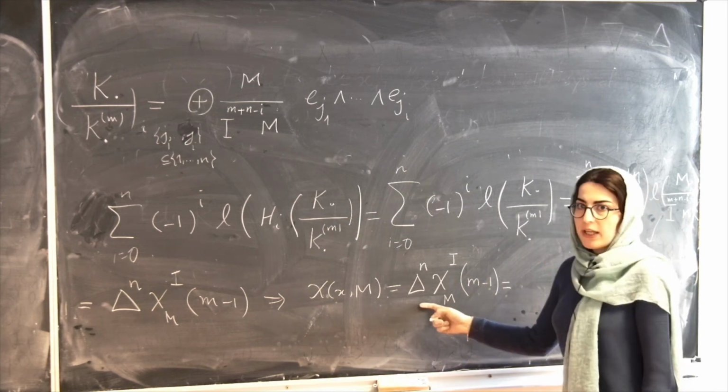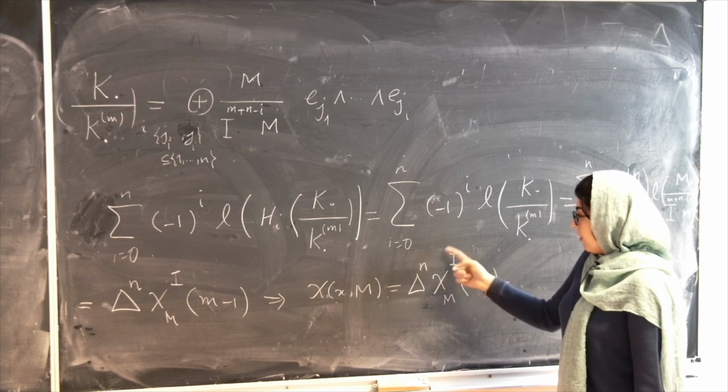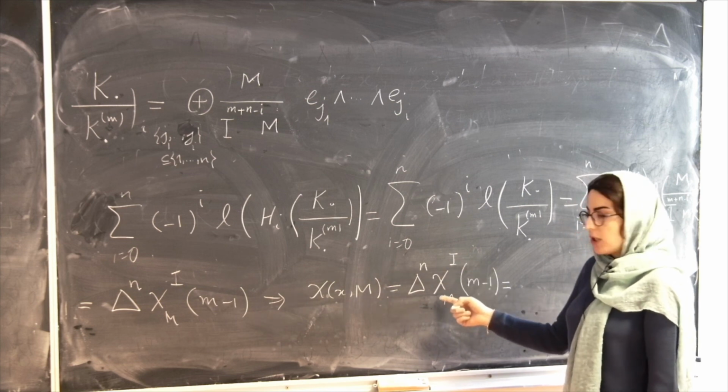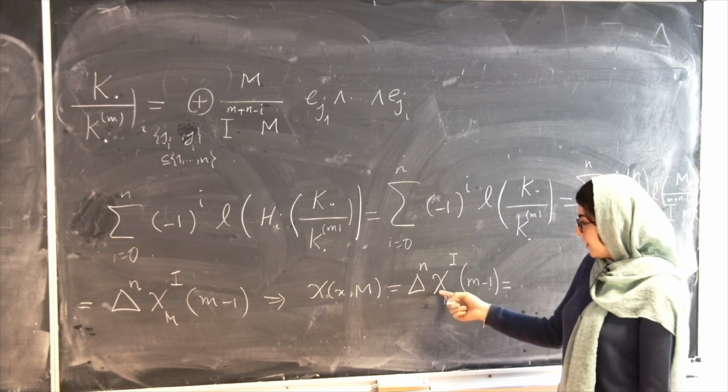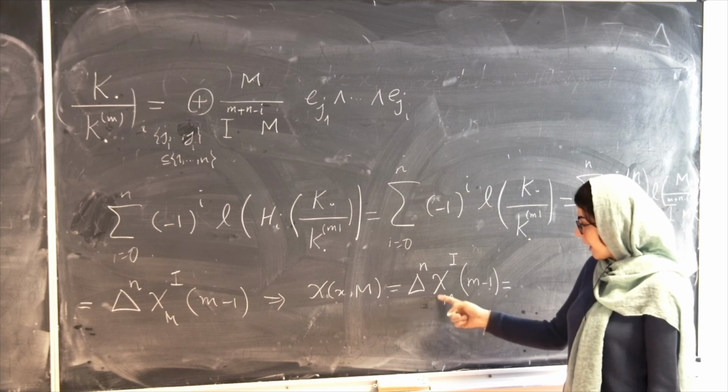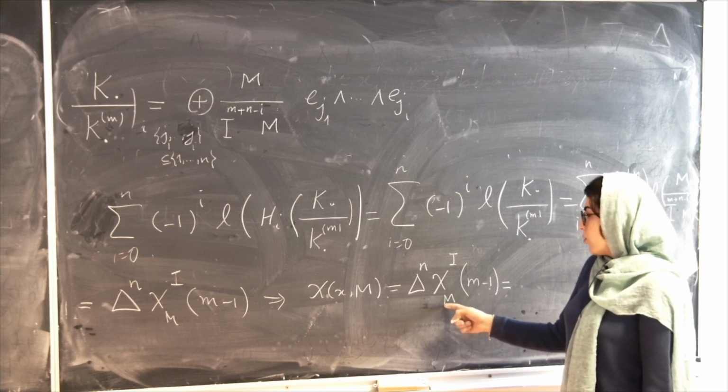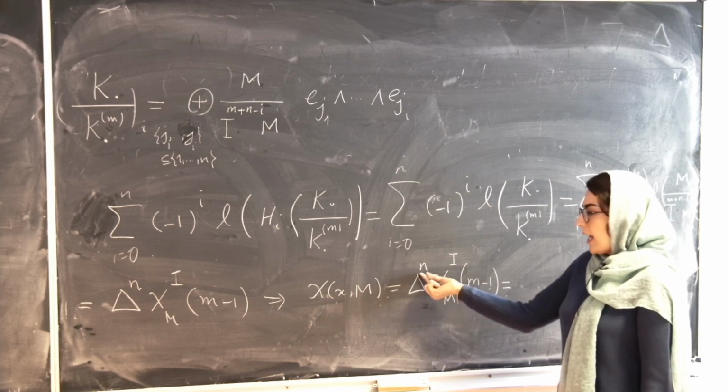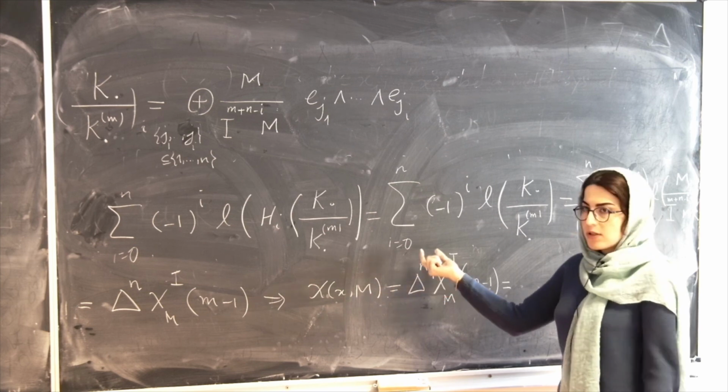But we know the nature of this function. We know that it is of polynomial type of degree d, where d is the dimension of M. So for n bigger than d, of course, this is 0.